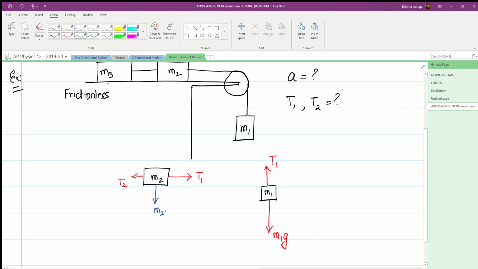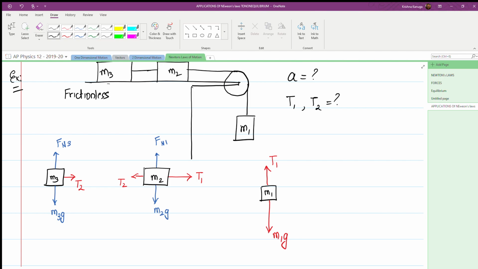We have M2g pointing down and some contact force, let's call it Fn1, pointing up. These are all the forces acting on M2. Now let's go to M3. The forces acting on M3 are T2 to the right, and then we have M3g pointing down and some Fn3 pointing up.